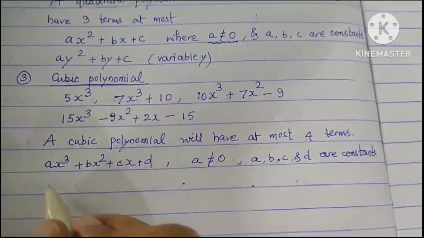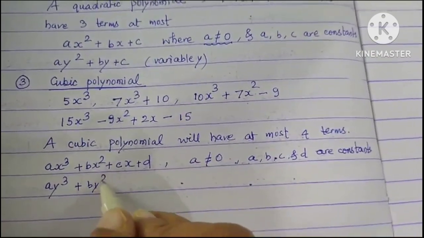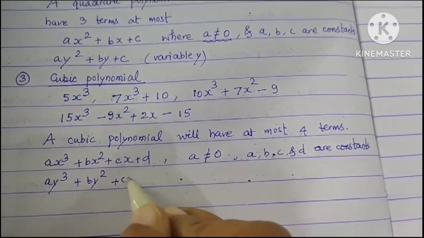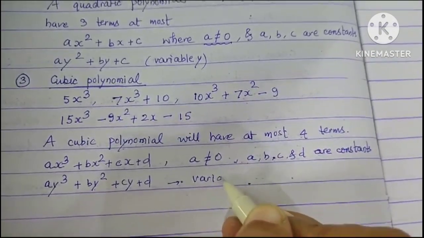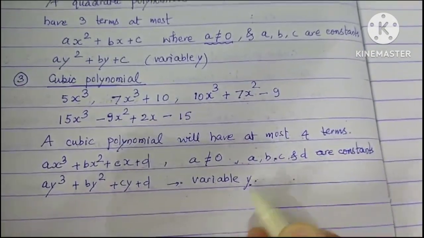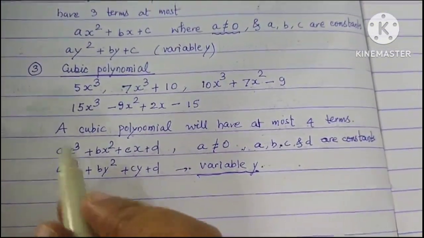You can write in variable y also similarly: ay cube plus by square plus cy plus d. This one is with variable y. So this is the general form.